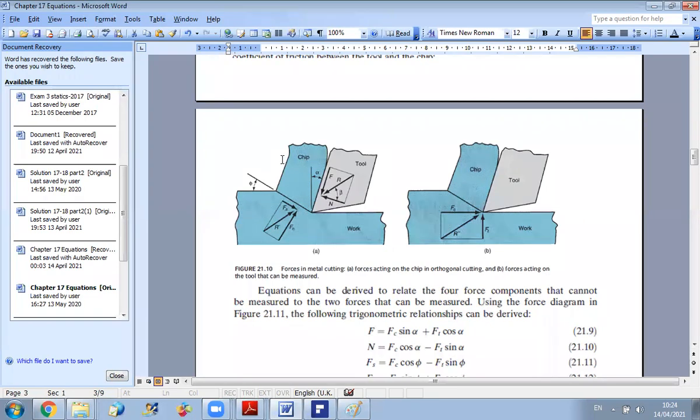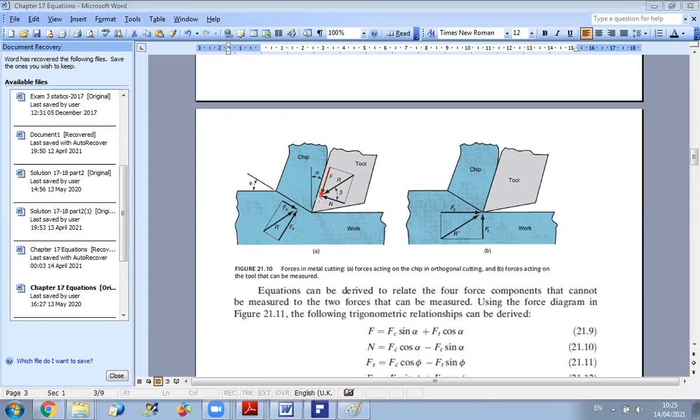If we consider first the action of the tool on the chip, we have a force F, which is called the friction force, that will contribute to the operation, and we have the normal force also. Now, by action and reaction, the force of the tool on the chip will be equal to the force of the chip on the tool. Okay, and at the level of the shear plane, we can also demonstrate that we can divide into two components, and we will talk about them now.